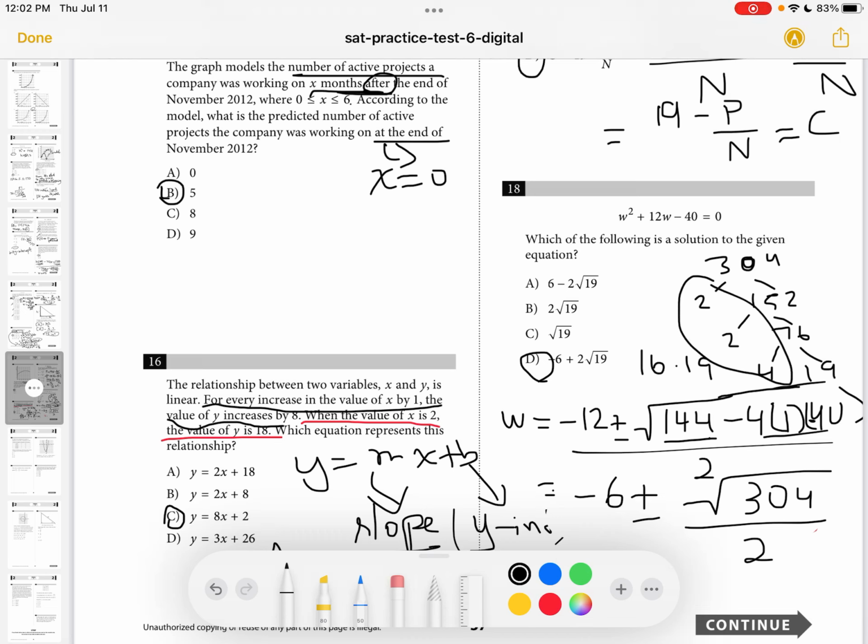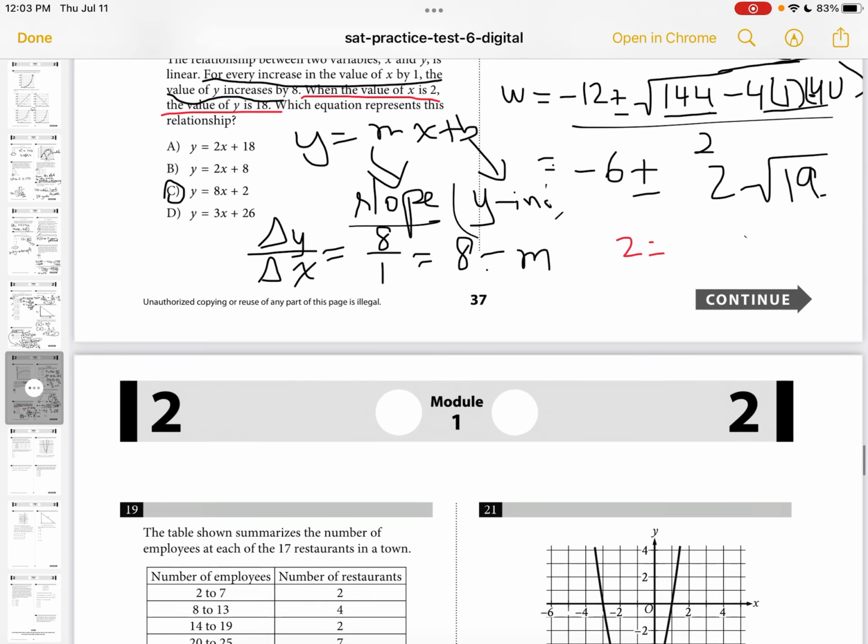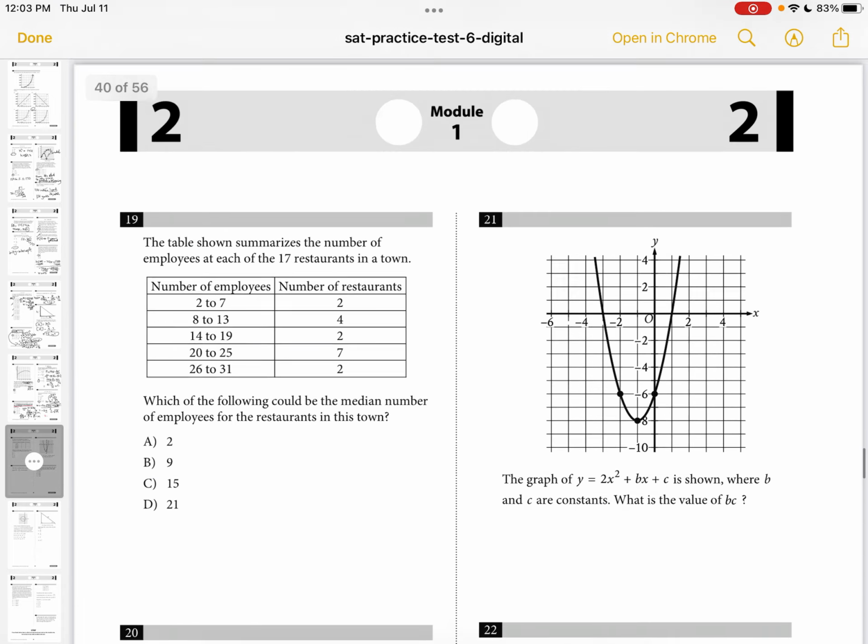So 304 is equal to 16 times 19. So we can write root 304 as the square root of 16 times the square root of 19, or 4 times the square root of 19. Now, if we divide this by 2, we just get 2 root 19. Right? And D matches one of our solutions. So, yeah, we're done.